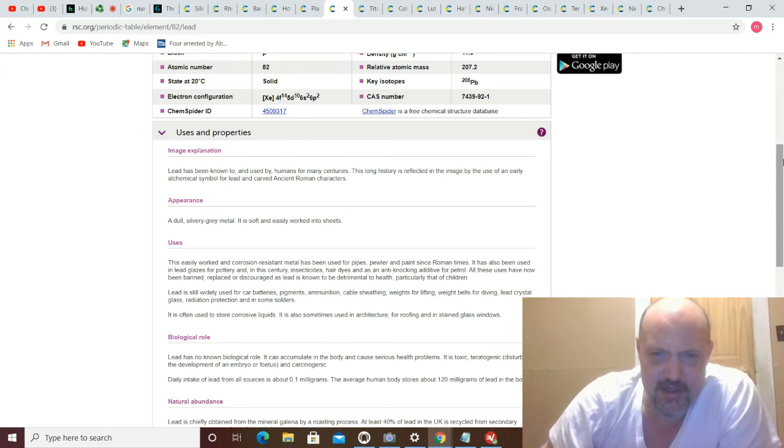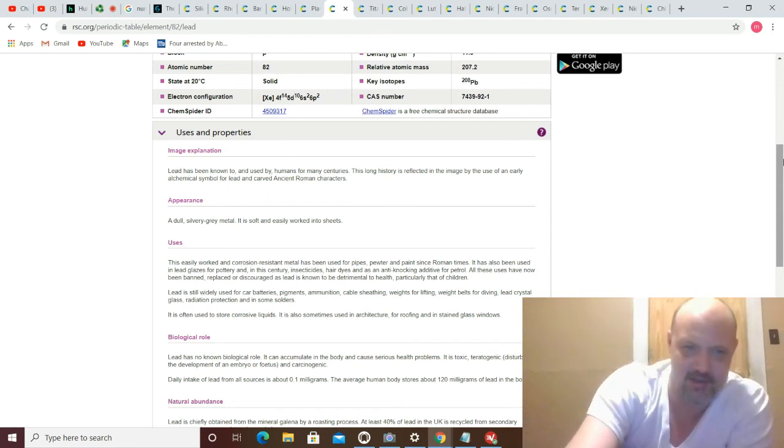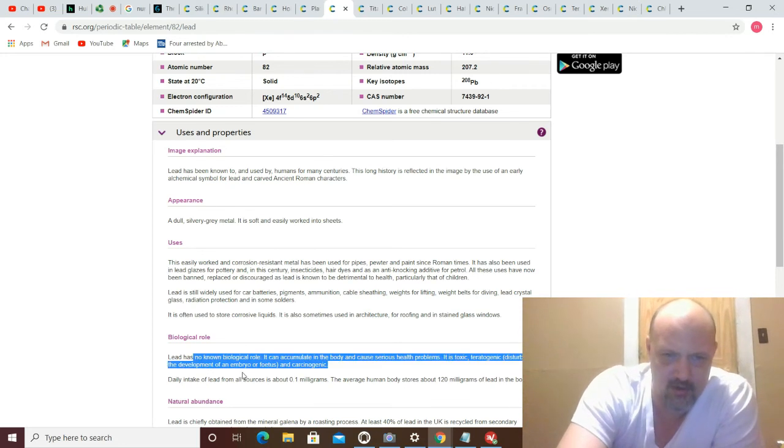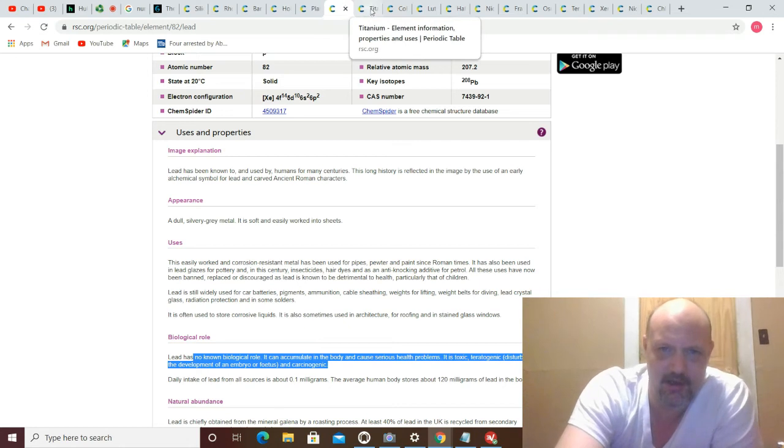All these uses have now been banned, replaced, or discouraged, as lead is known to be detrimental to health, particularly for children. There's no known biological role. It can accumulate in the body and cause severe health problems, according to this.